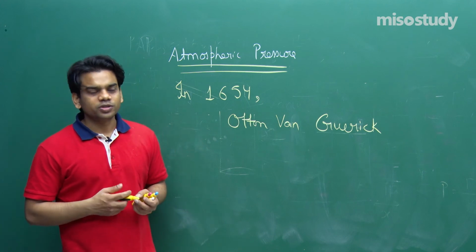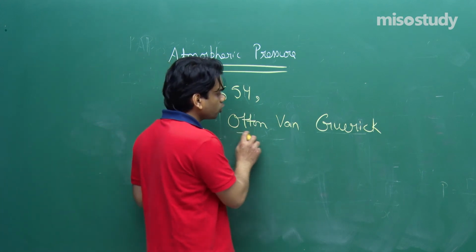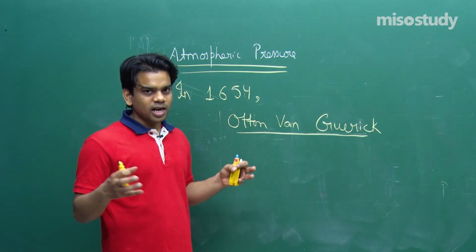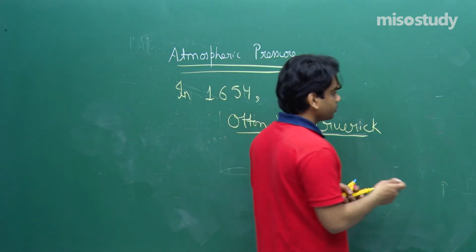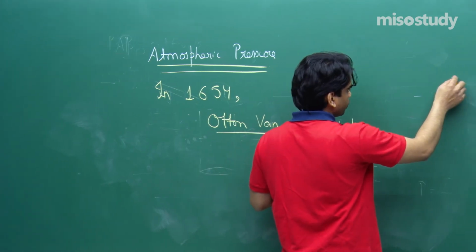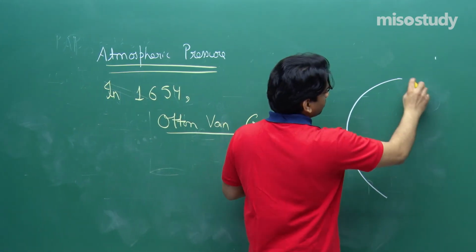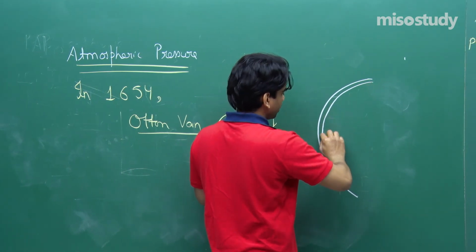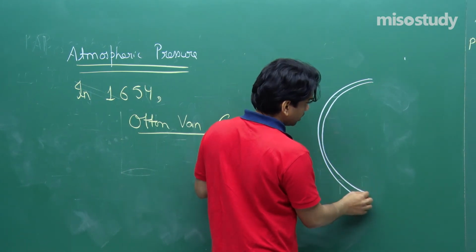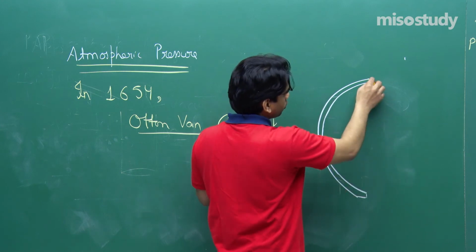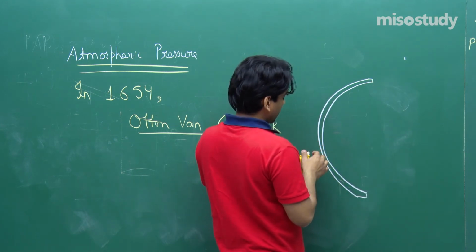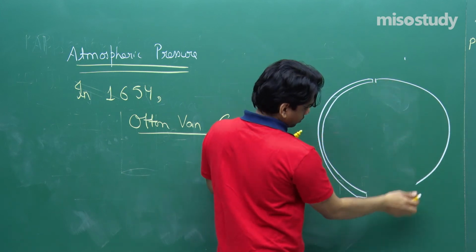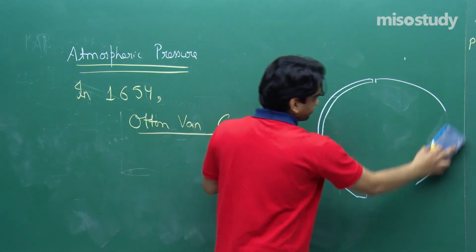If you take two hollow semi-spheres, Otto van Guericke took those spheres and joined them in this way. He joined these hollow spheres with a leather arrangement, actually a washer arrangement, so that no air can come in.